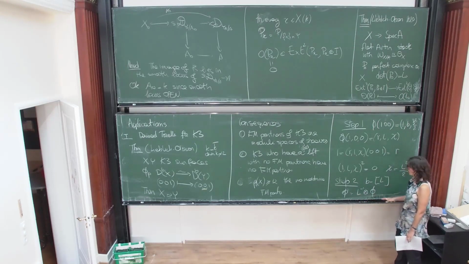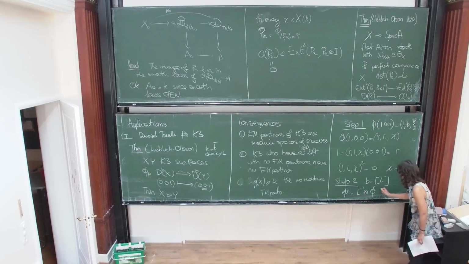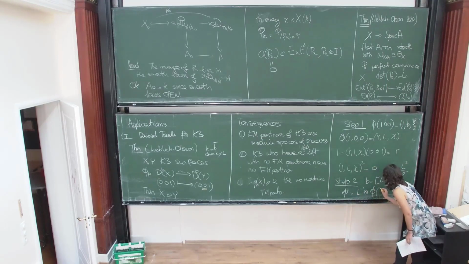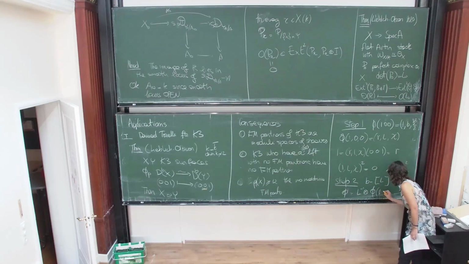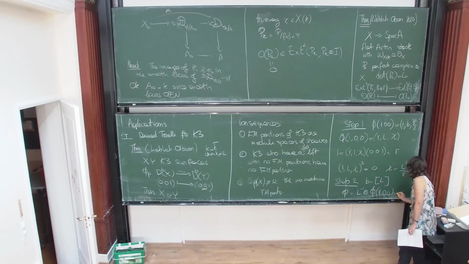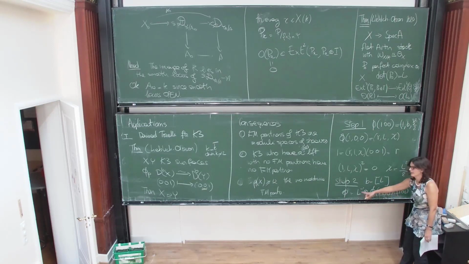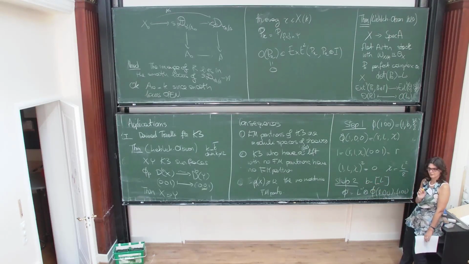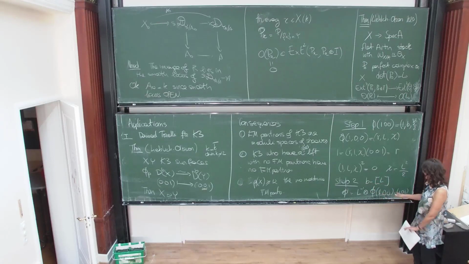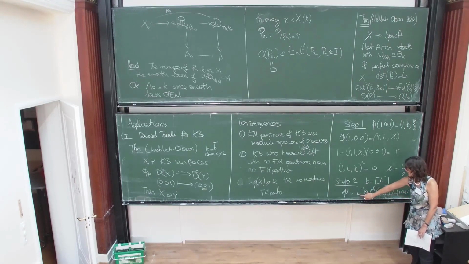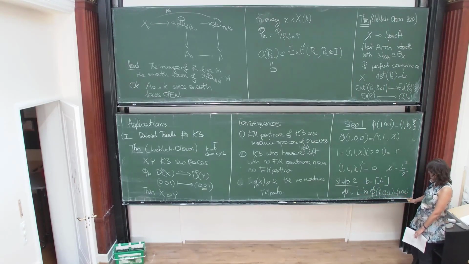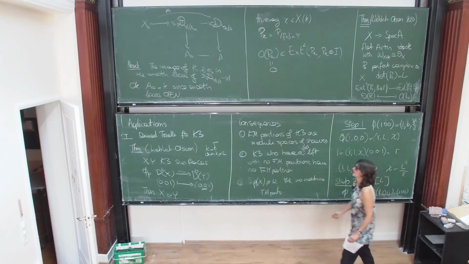I can assume that this equivalence sends (1,0,0) into (1,0,0). If you twist phi, you can check tensoring by a line bundle, then it is like that.